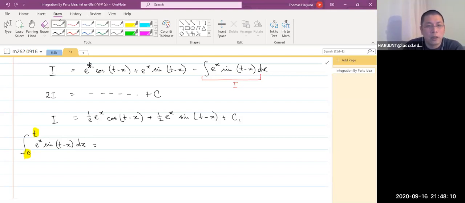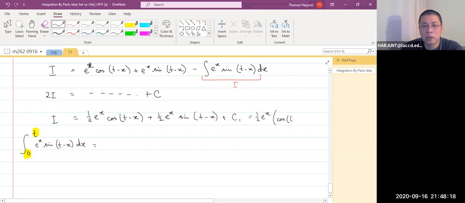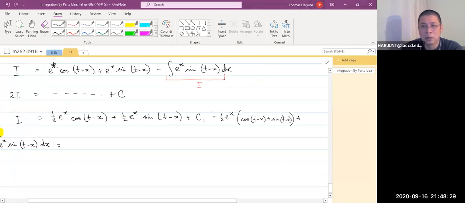On the right-hand side, I can factor out 1/2 e to the x: cosine (t minus x) plus sine (t minus x).